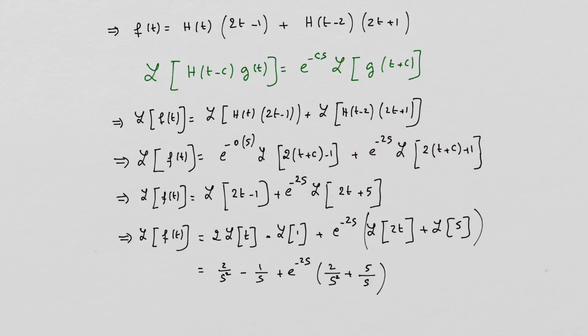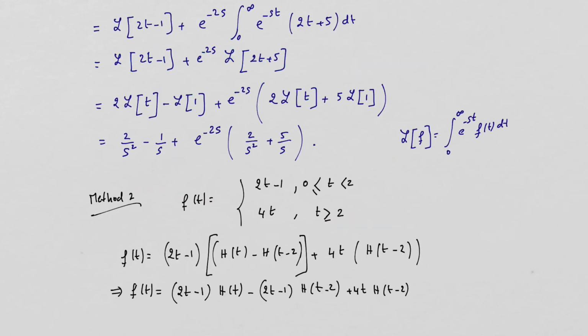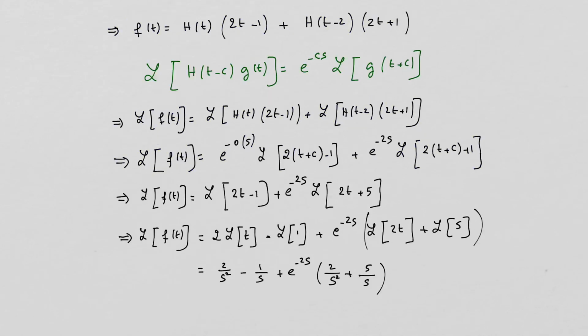And e to the negative 2s. And isn't this what we got here? Laplace of 2t minus 1 plus this quantity, Laplace of 2t plus 5.